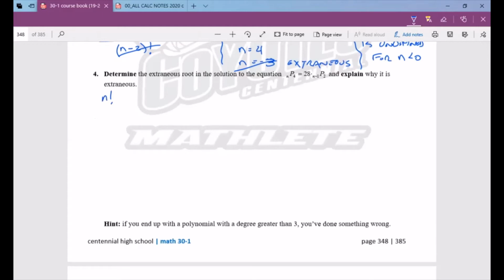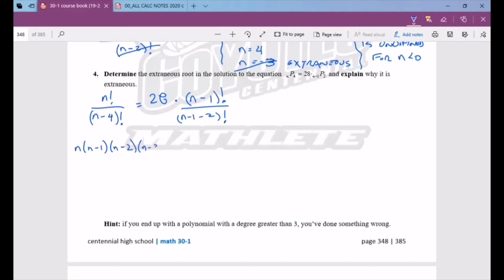We have n factorial over n minus 4 factorial equal to 28 times n minus 1 factorial over, now we have n minus 1 minus 2 within this factorial. We can start to simplify this out. This ends up being n times n minus 1 times n minus 2.